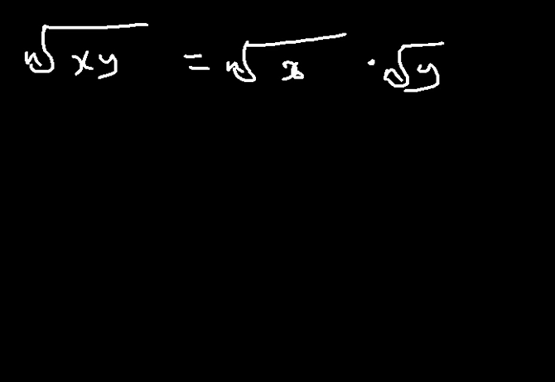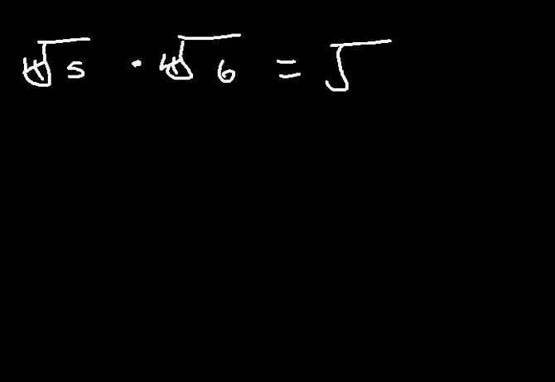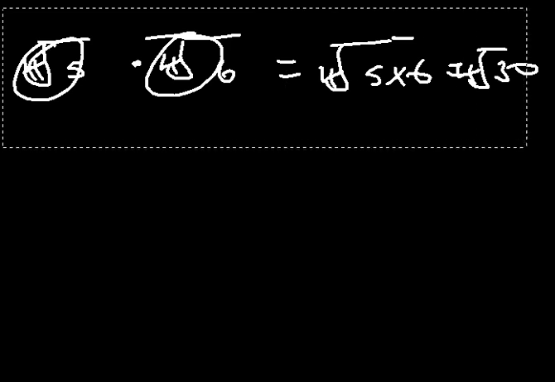That's the principle behind it. What is the practical example of that property? Let's say we have the fourth root of 5 times the fourth root of 6. This is the same as the fourth root of 5 times 6, which is the fourth root of 30. This is happening because the value of the root is the same. So keep that in mind.